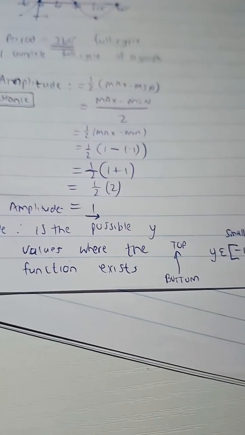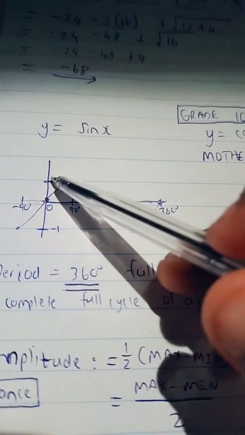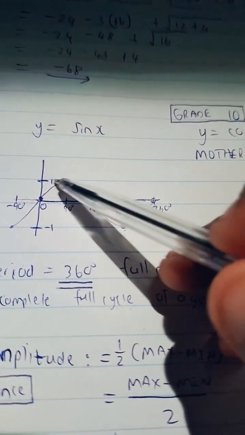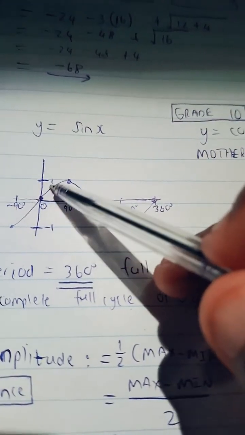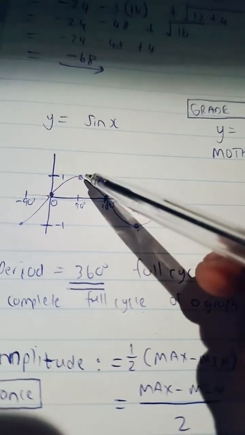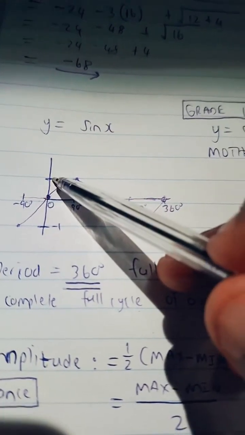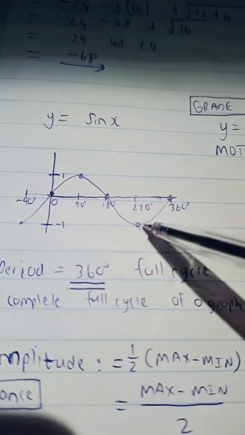When is it not included? It obviously would not be included if the graph did not actually touch the point where y is negative 1. But you see, here it does actually touch and actually exist. The function exists where y is 1. The function does exist where y is negative 1.